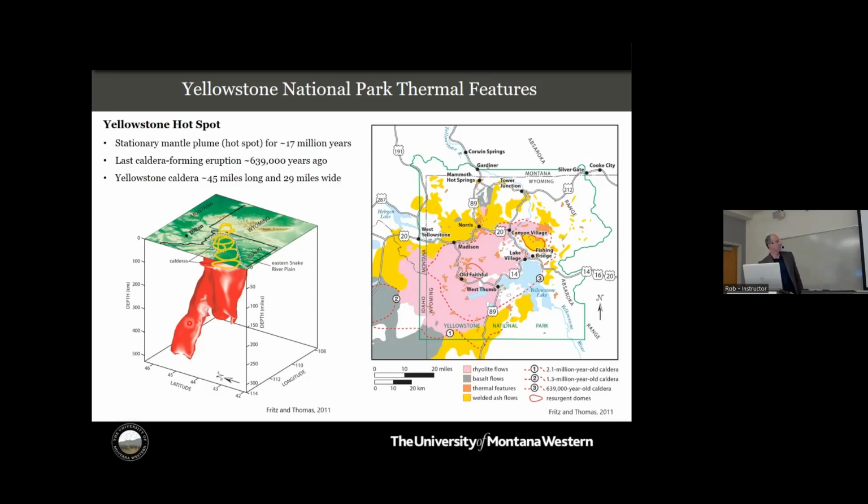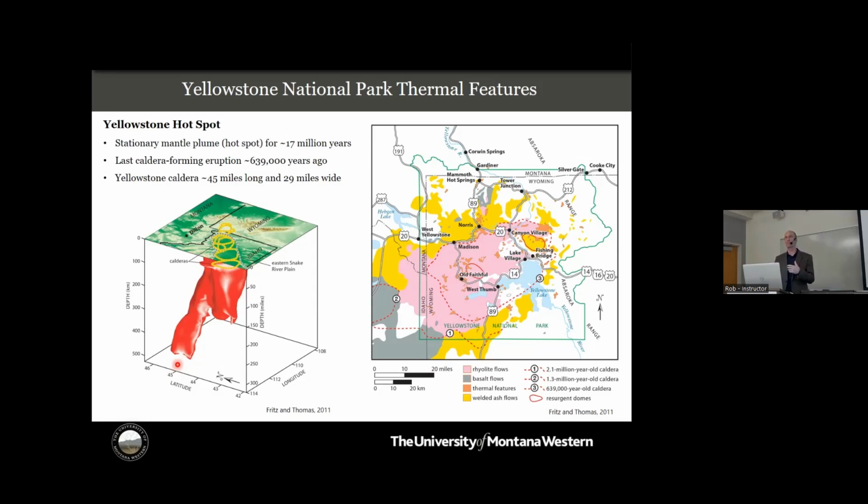These diagrams, and this one's out of my book with Bill Fritz, are misleading because you put them in bright orange and red, and people are like, ah, liquid at depth, right? No, it's only a percent liquid. It's really a mushy solid at depth.